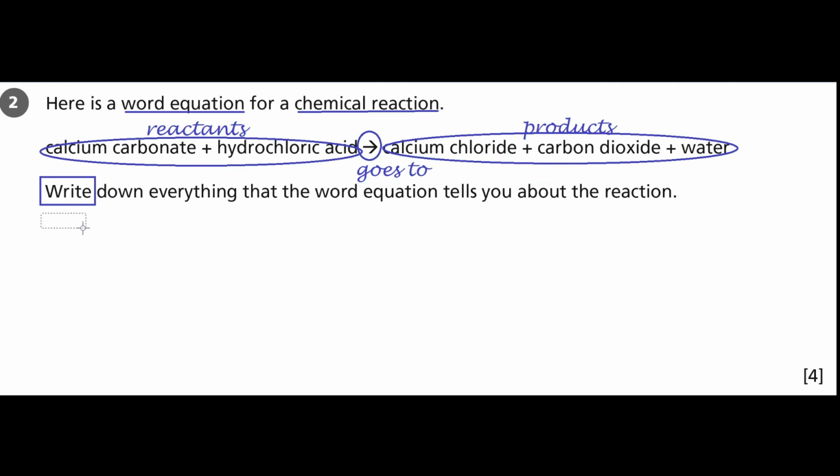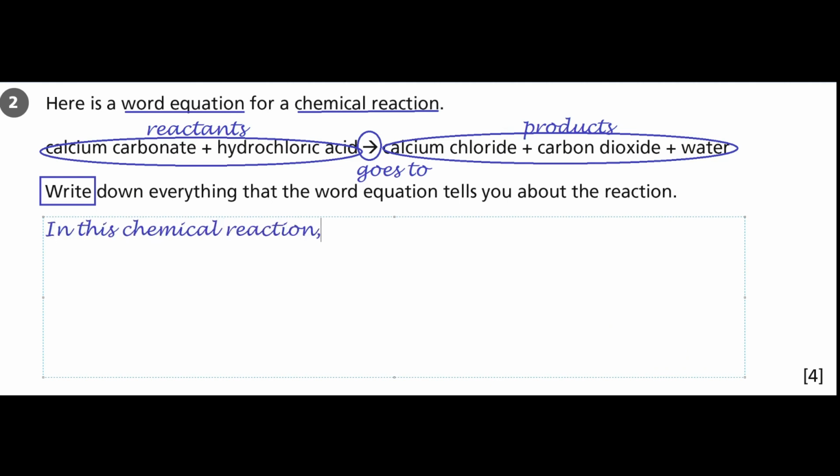So let us now begin to write our answer together. And we want to use the terminology if we can. So in this chemical reaction, the reactants are calcium carbonate and hydrochloric acid.